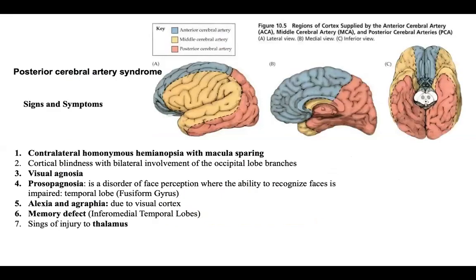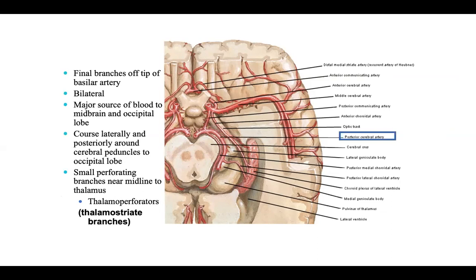Now, when we have posterior cerebral artery occlusion, what do you expect to see in the patient? I think inability to recognize objects, agnosia. Agnosia, excellent. Homonymous hemianopia with macular sparing, excellent.